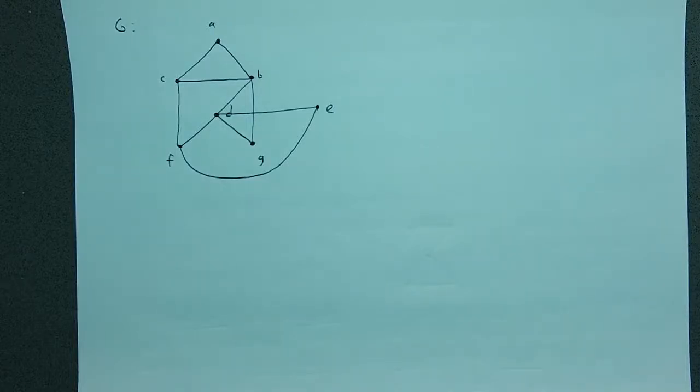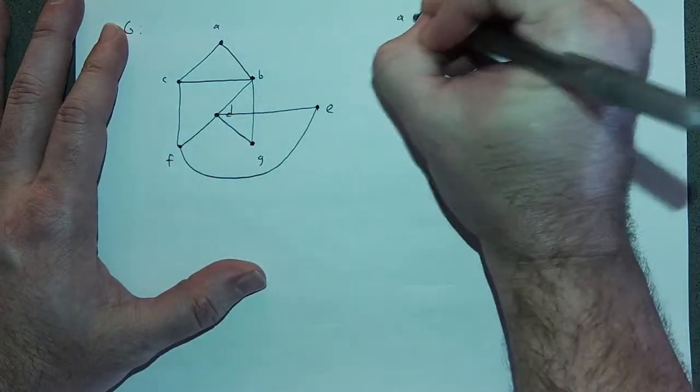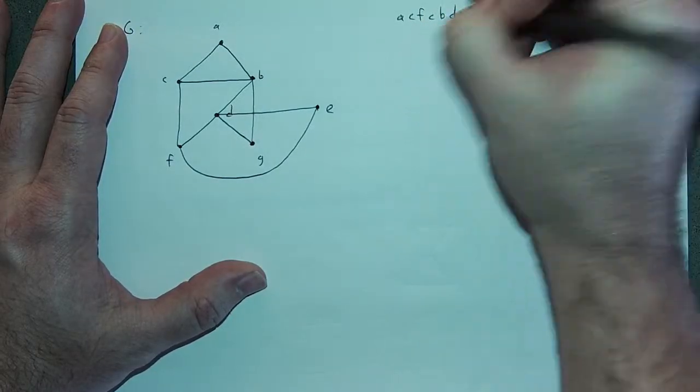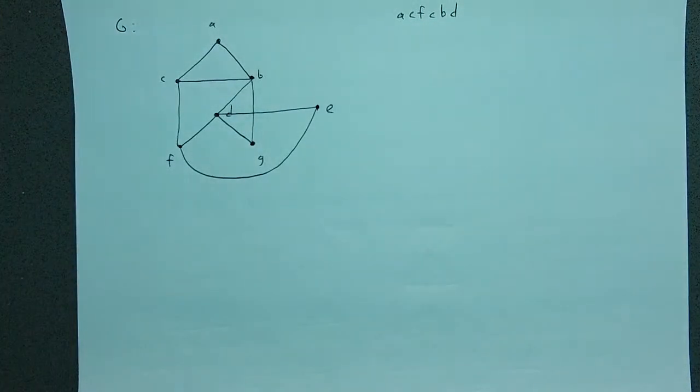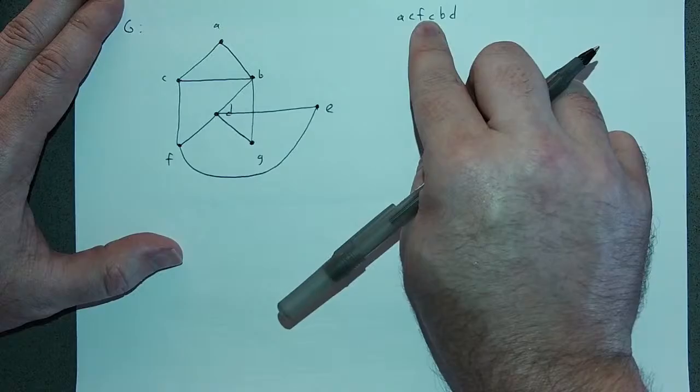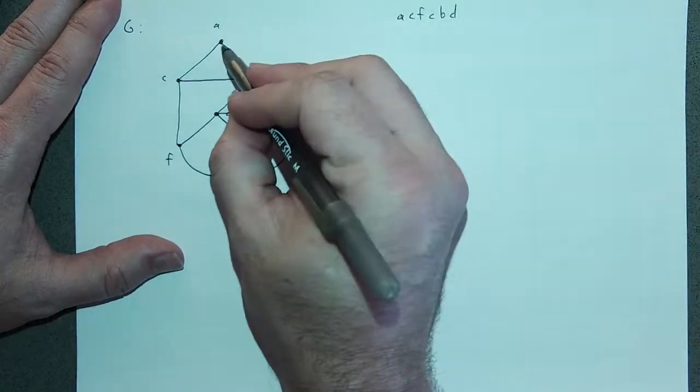So let's look at ACFCBD. First of all, I know it's not a path because C repeats here. So let's trace this out here.